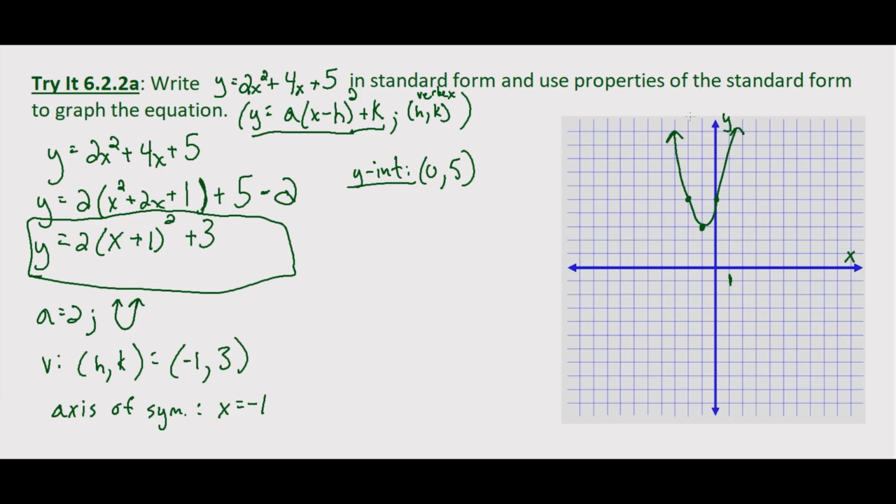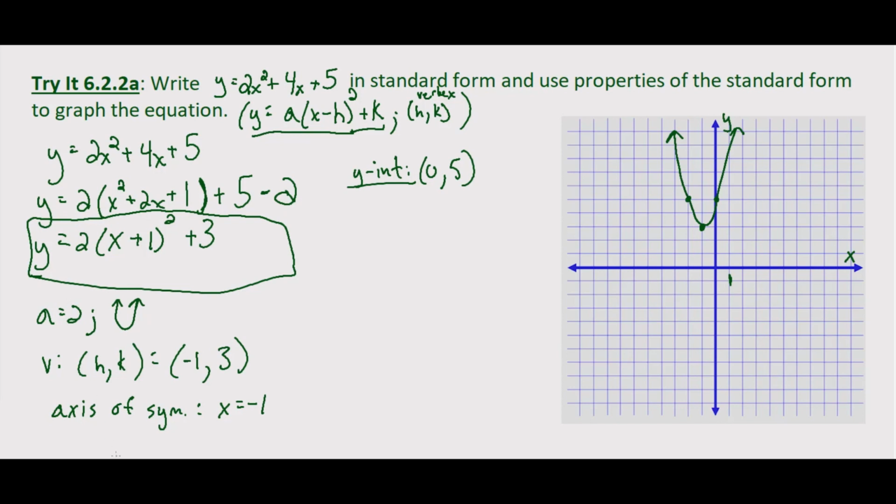So again, to put y equals 2x squared plus 4x plus 5 into standard form, y equals a times x minus h squared plus k, we completed the square with the x squared and x terms, and then simplified to the standard form. Whatever we added to complete the square, we subtracted from the constant that was outside.